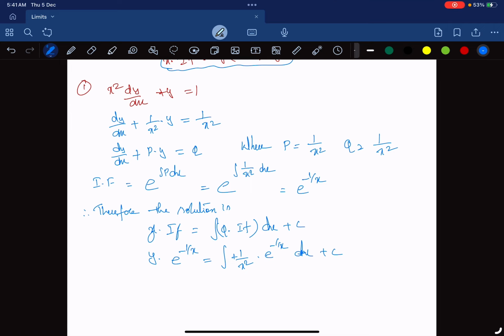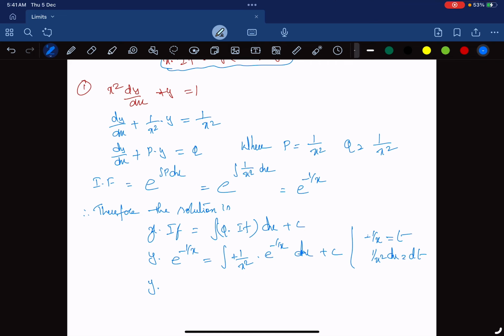Now take minus 1 by x as t. The derivative of minus 1 by x is 1 by x square, so 1 by x square dx is equal to dt.